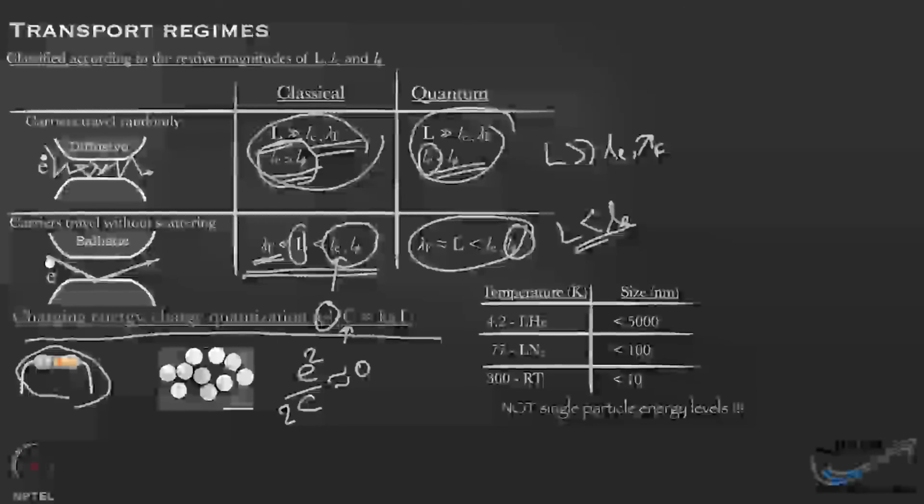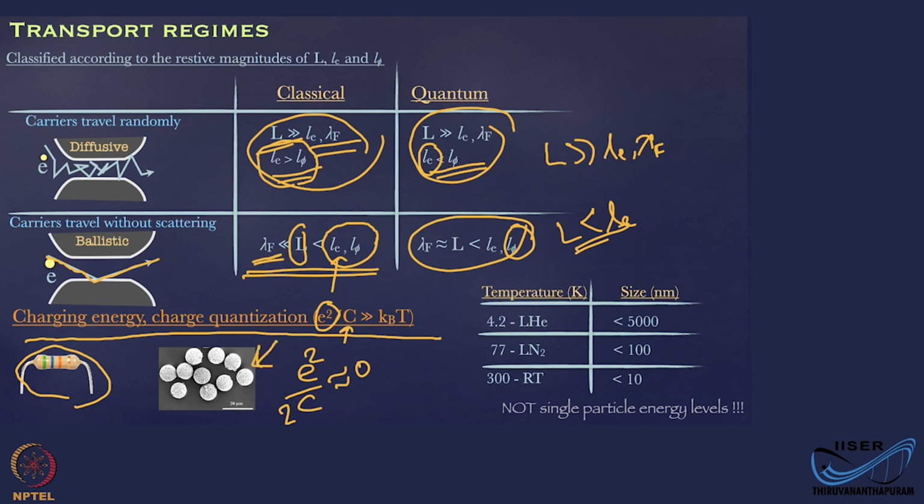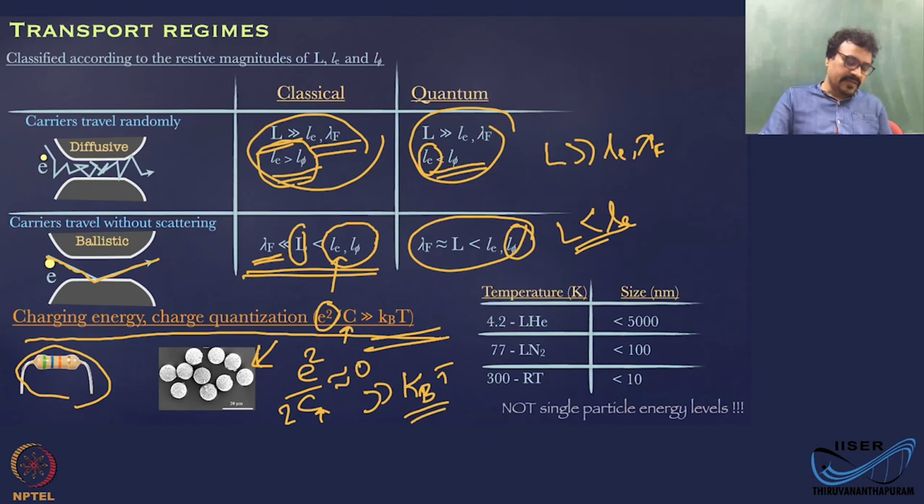But when you have small objects such as nanoparticles or quantum dots, then this term C will become very small. That can be in the order of attofarads or even smaller. Then this number at low temperature can be greater than kBT, that is the temperature energy.